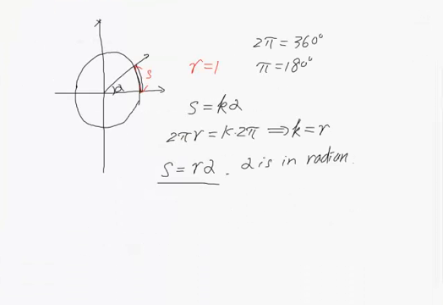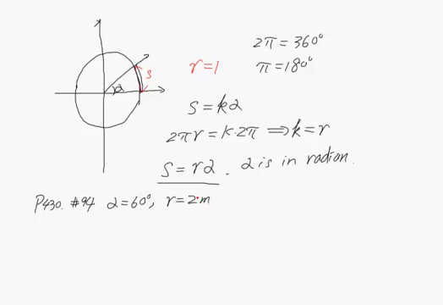So angle alpha is equal to 60 degrees, and radius r is equal to 2 meters.